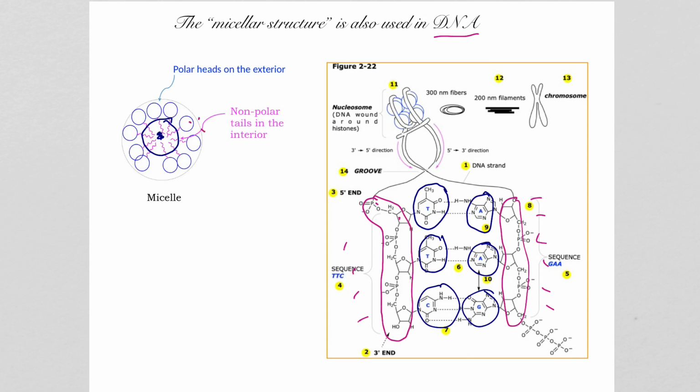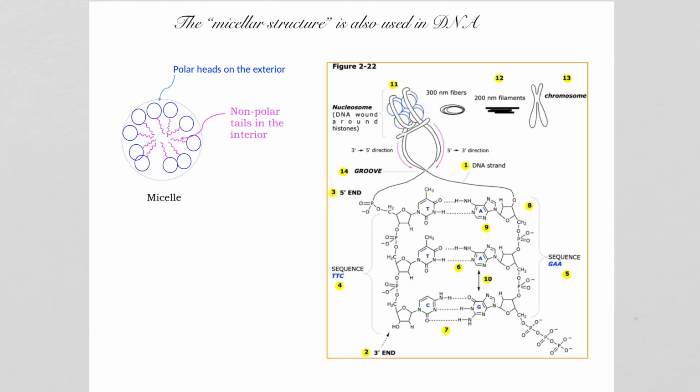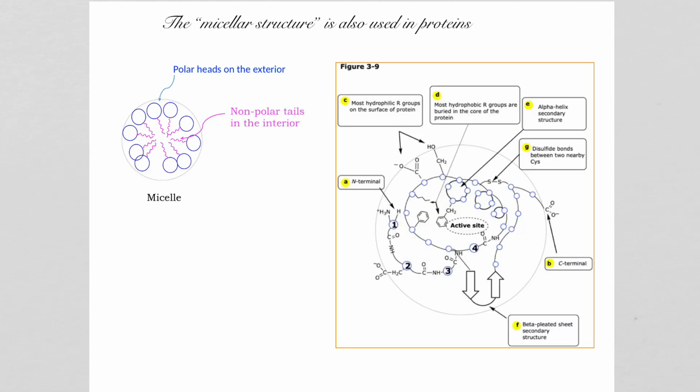So DNA, you can see, is sort of a micellar structure. It's sort of a micelle in a way. That's why DNA is very stable, because the hydrophobic force causes the parts of DNA that don't like water to be inside, and the parts that like water to be on the outside. So it's a more stable, low energy structure.